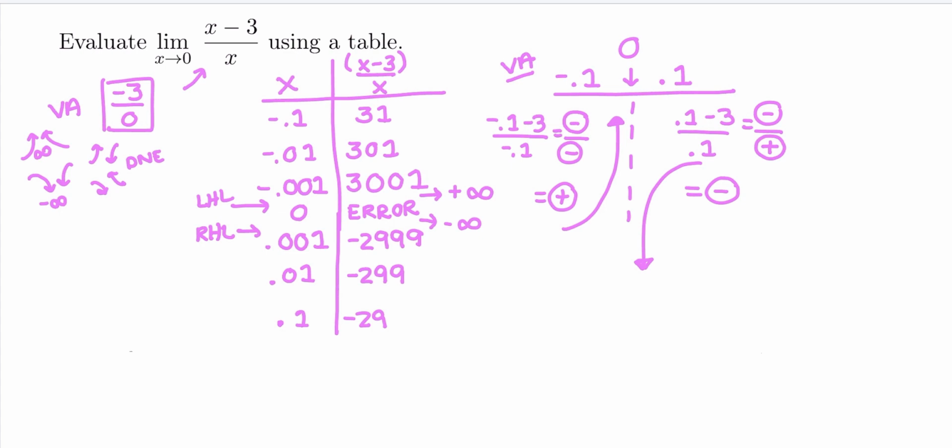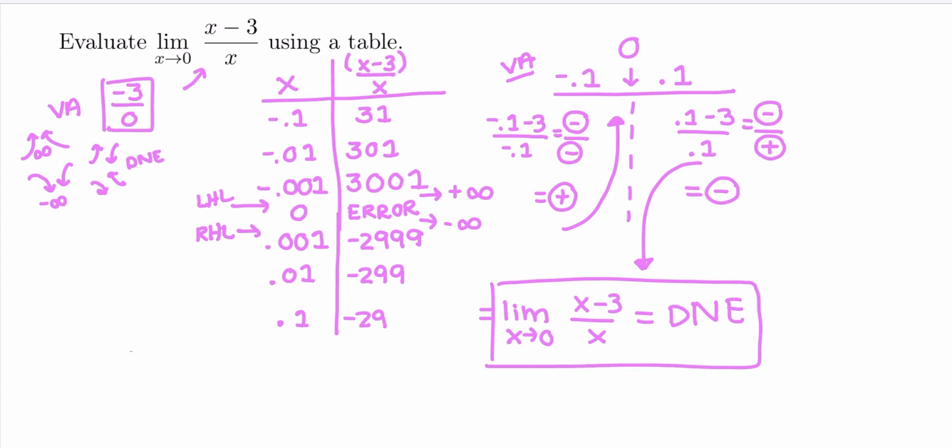So what's my final limit? If the left-hand limit is infinity and the right-hand limit is negative infinity, your fingers do not meet. So the limit as x goes to 0 of (x minus 3) over x is DNE. One is going up, the other is going down. The limit does not exist.